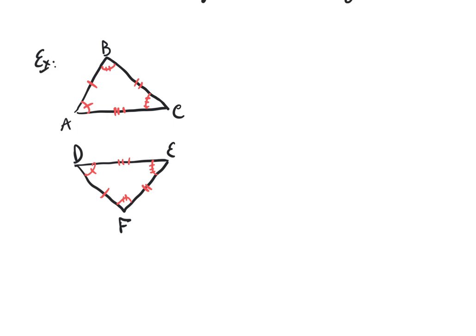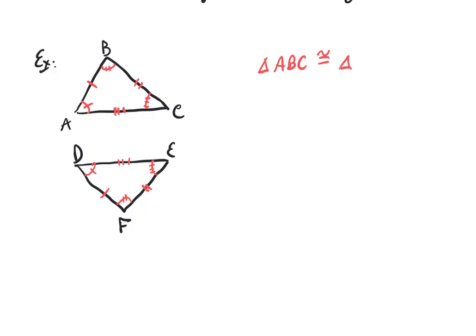All three angles in the top triangle equal all three angles in the bottom triangle. So since all of the sides and all of the angles are equal, we would say that the two triangles are congruent, and we would write that by identifying the letters triangle ABC. We'd use our symbol for congruent.